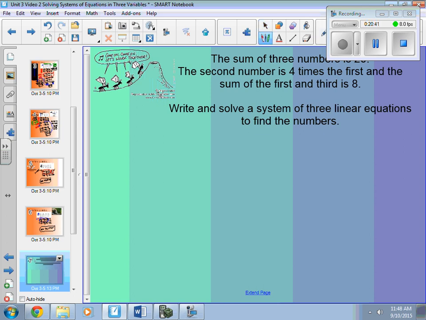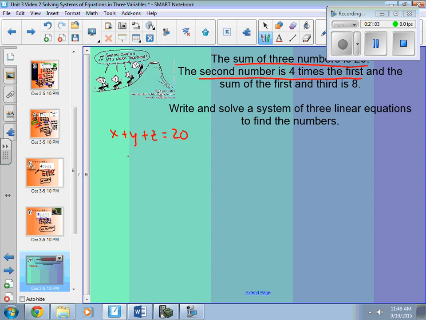Some of you may have used different variables. I'm going to use x for the first number, y for the second number, z for the third number. If it says the sum of the 3 numbers is 20, we can say that x plus y plus z, all 3 numbers added, is going to be 20. This next sentence says the second number is 4 times the first.